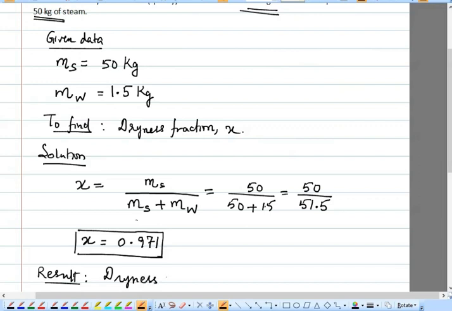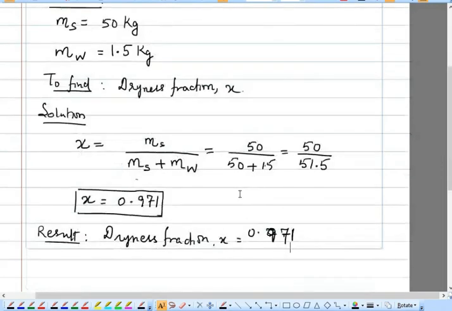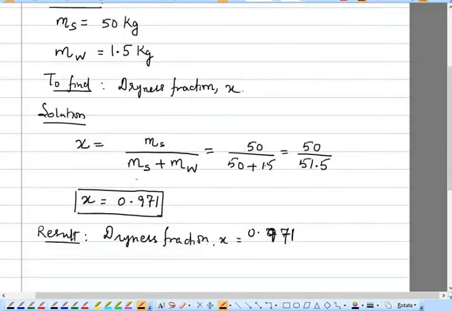So you finally write this dryness fraction x is equal to 0.971. So it implies that it is a wet steam. Since the dryness fraction is less than 1, x value is less than 1, we can say that this is a wet steam.